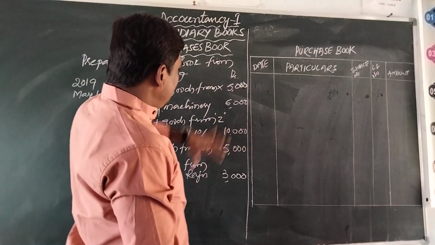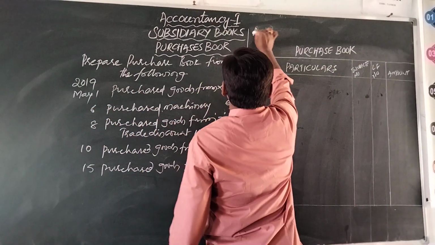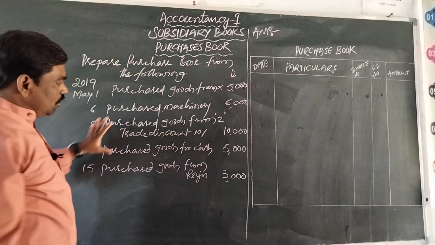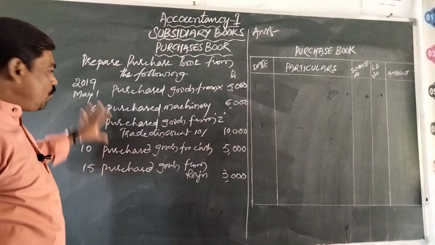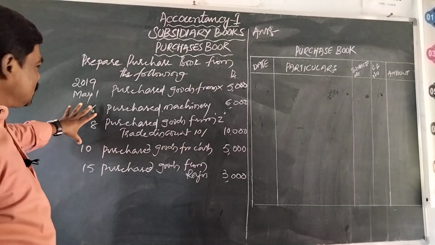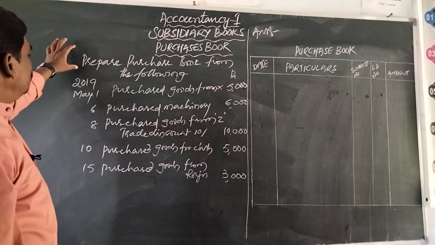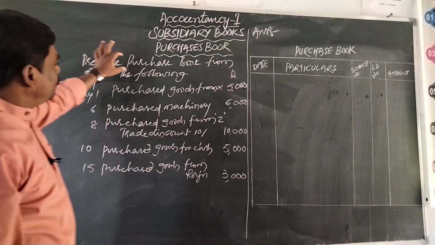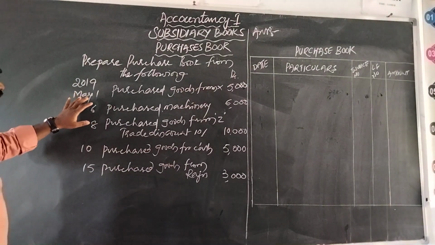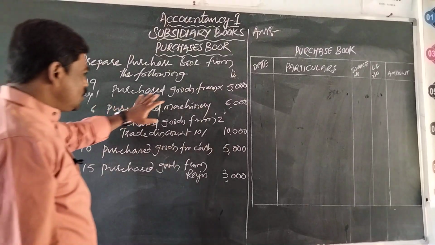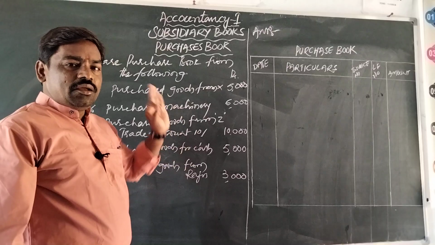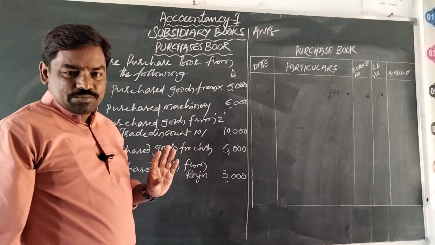After preparing the proforma, now read the points given in the problem. Here 4 to 5 transactions are given. On May 1st 2019, purchased goods from X. It is a credit transaction and it can be recorded in the purchase book.